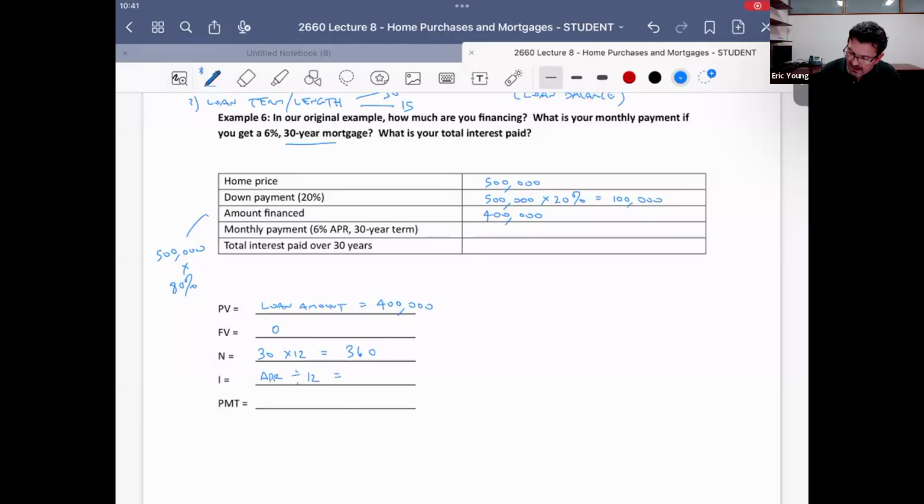So this is going to be equal to 6% divided by 12, or 0.5%. And we're asking what the payment is. That's what we're solving for. So we put the question marks there. And no problem. Let's go back to our financial calculator.